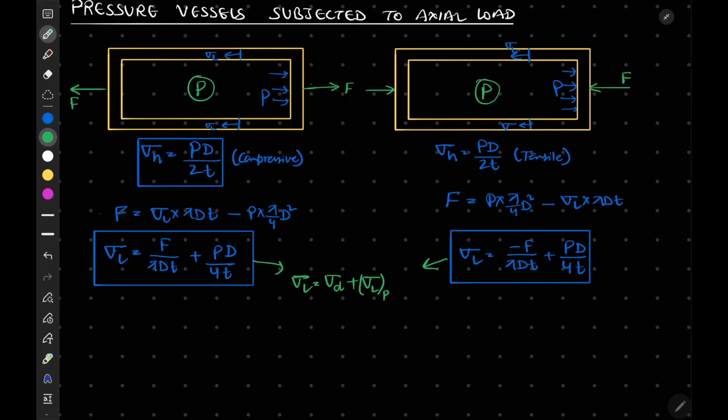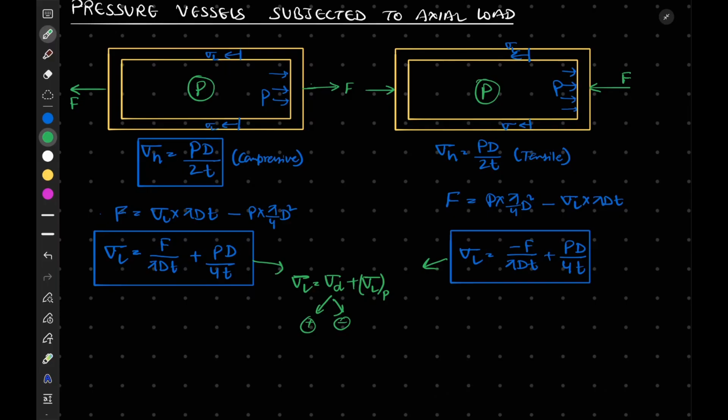This sigma direct might be positive or negative based on the nature of the force. I hope you understood this point, so we can write both in this form only.